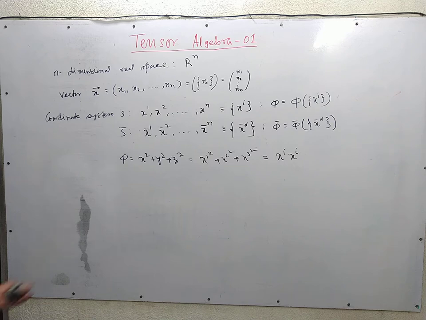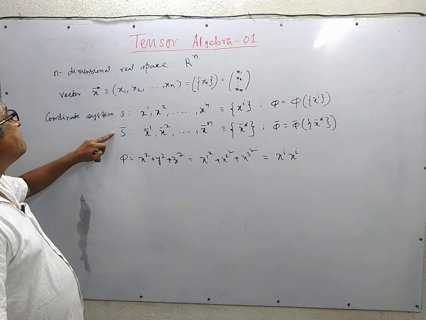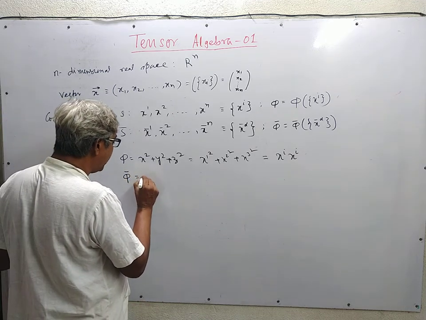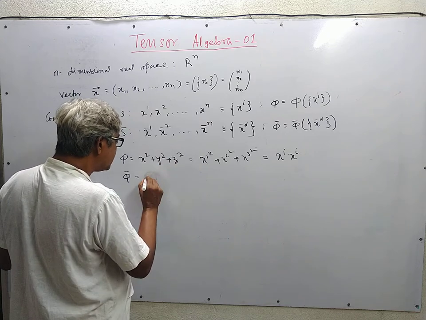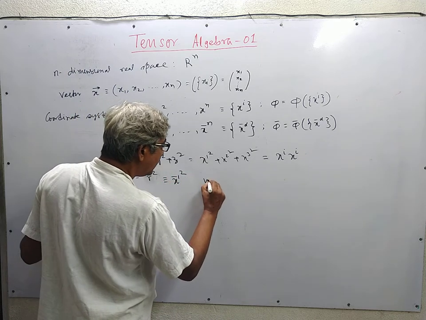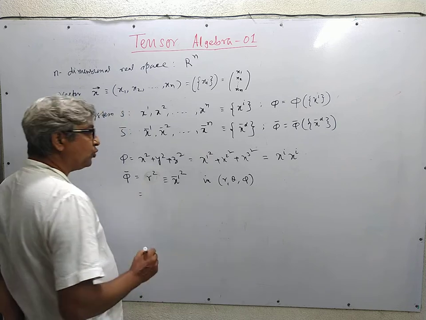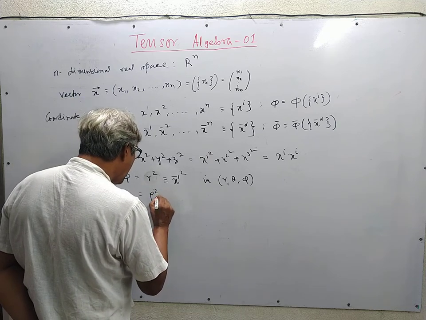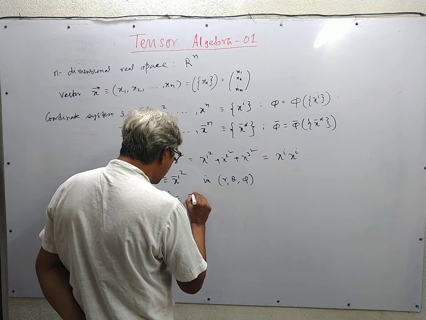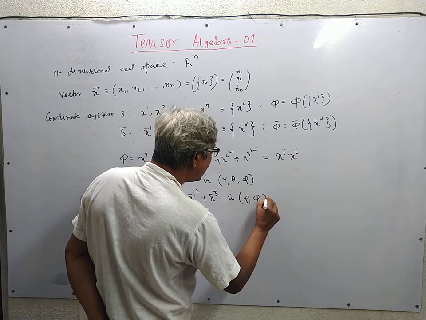This function phi, when expressed in another coordinate system, say if the bar system is the spherical polar coordinate system, then phi bar is simply r square, that is equal to x bar 1 square in the r theta phi coordinate system, and this is equal to rho square plus z square, that is, x bar 1 square plus x bar 3 square in the rho phi z coordinate system.